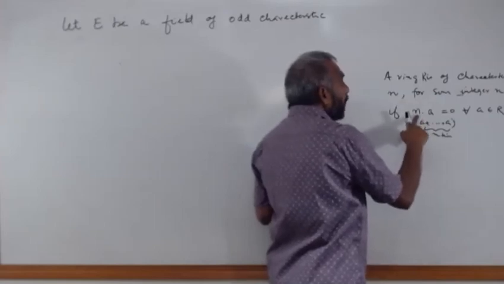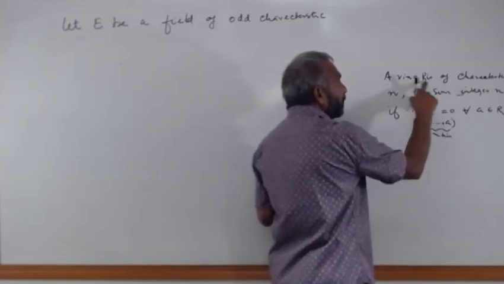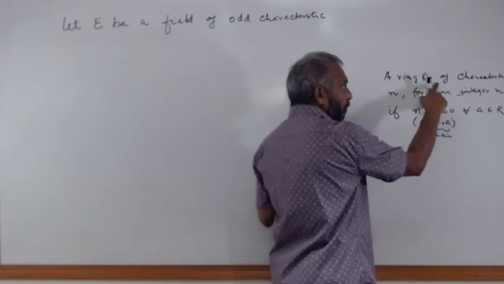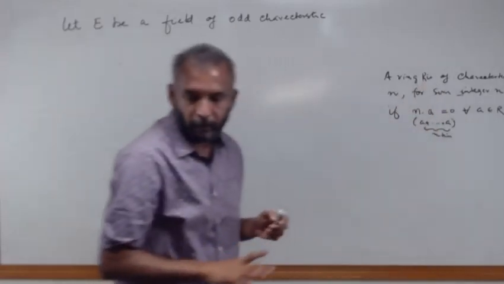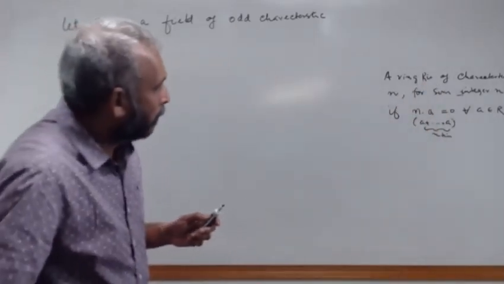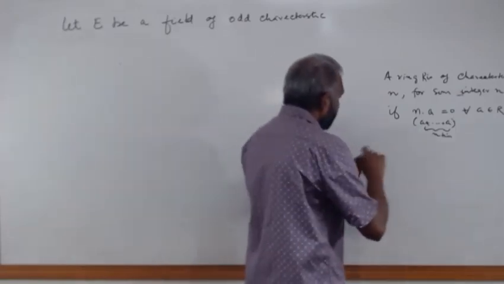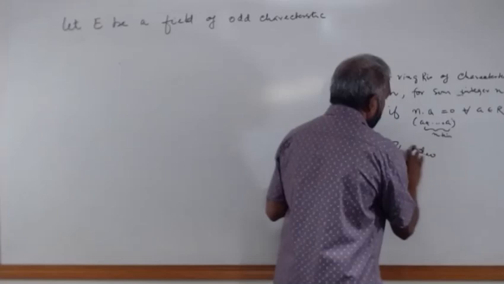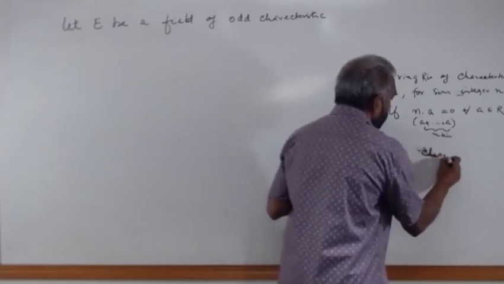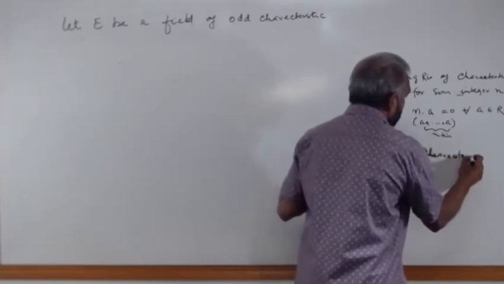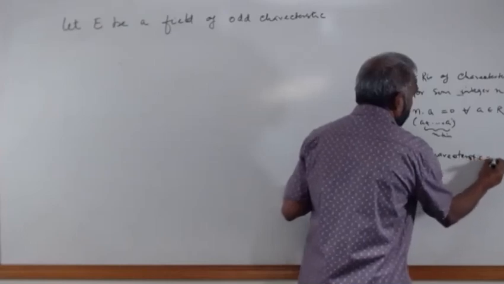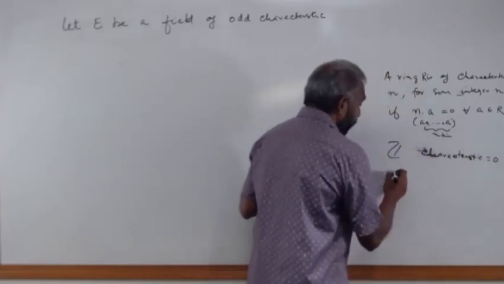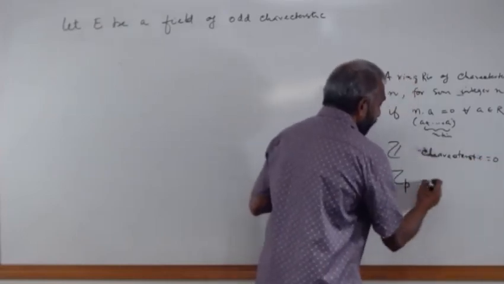If there is no n like that, then the characteristic is 0. Okay. For example, if you take Z, the characteristic is 0. But for Z_p, the characteristic is p.